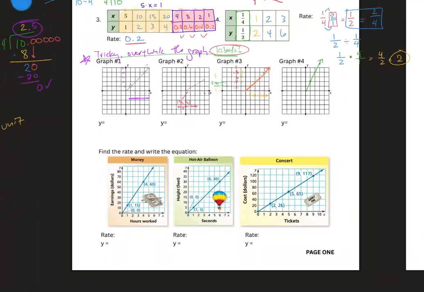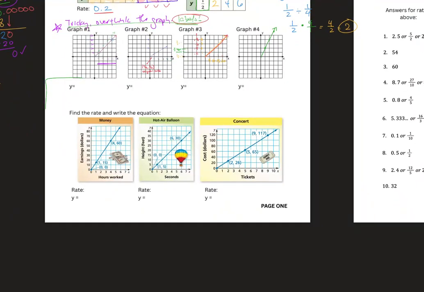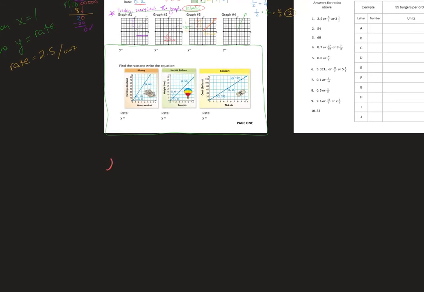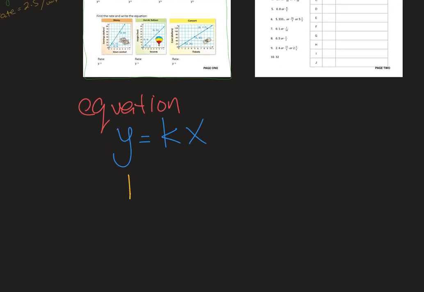Well, let's talk about the equations, because these all kind of go together in the rate/equation conversation. The equation of all of these is y equals kx, where y and x will not change at all, because the k, that's our rate.